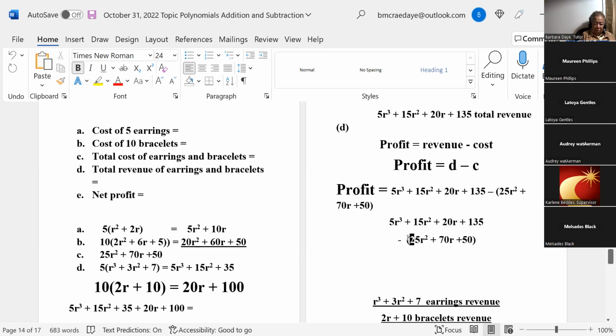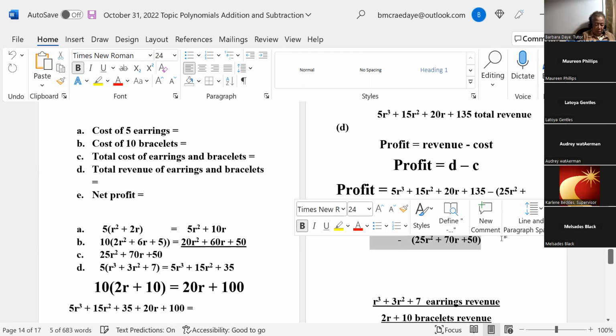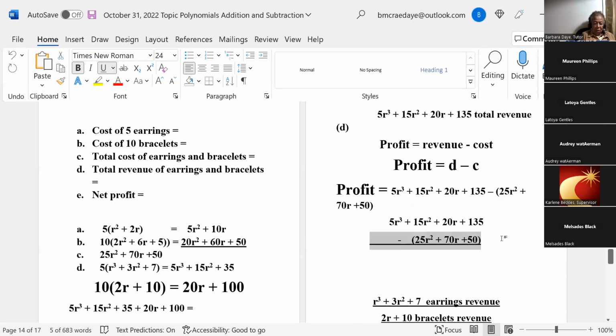Let me line it up for you because once they line up, then it's easier for you to work with them. Now let's just put a line under here. Move this 50 over. Now do the math and tell me what you get.